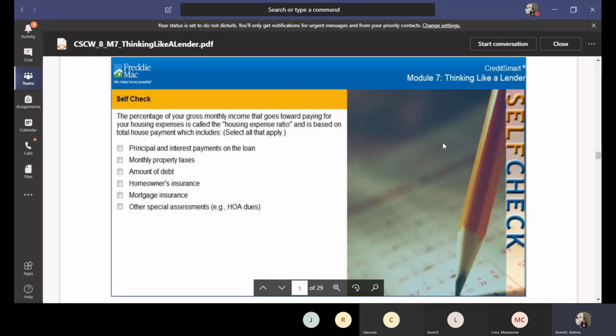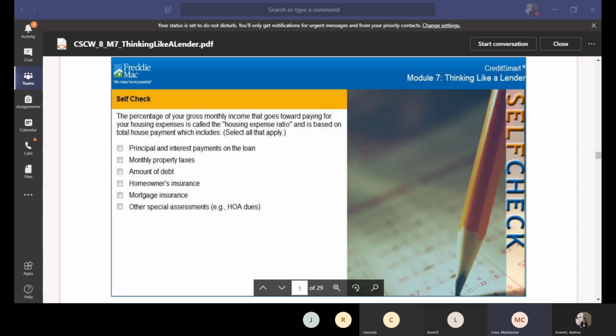So here we're getting to a self-check point. Maddie's going to go over this with you. The percentage of your gross monthly income that goes towards paying for your house expenses is called the house expense ratio and is based on the total house payment, which includes principal and interest payments on the loan.